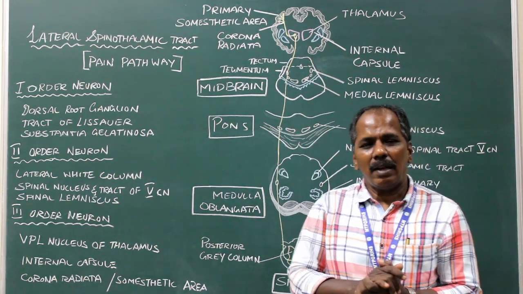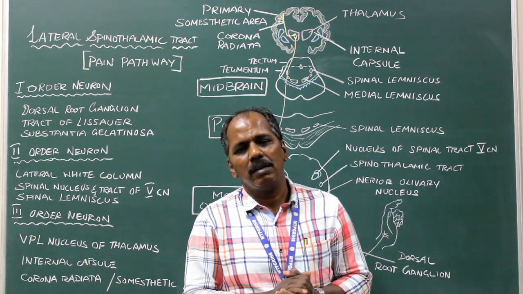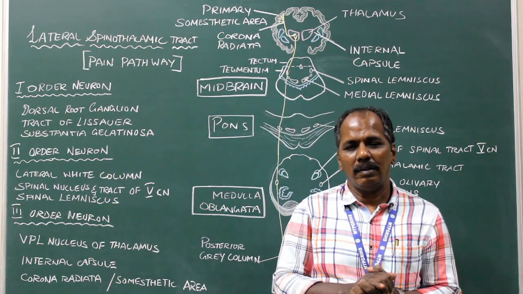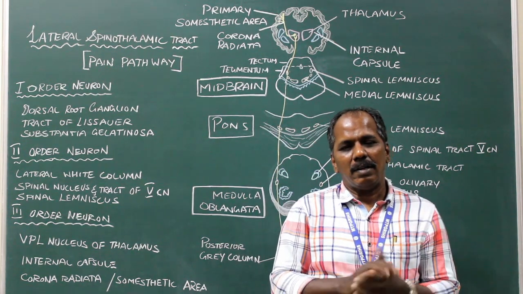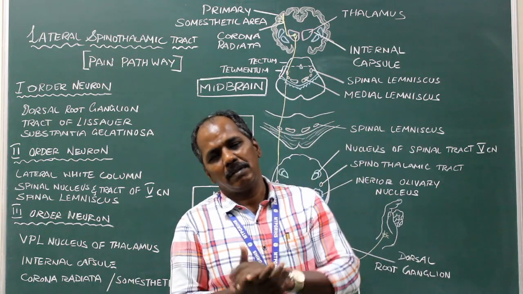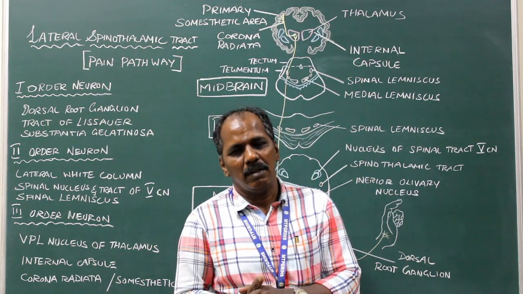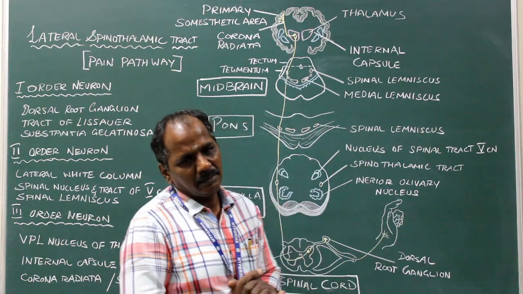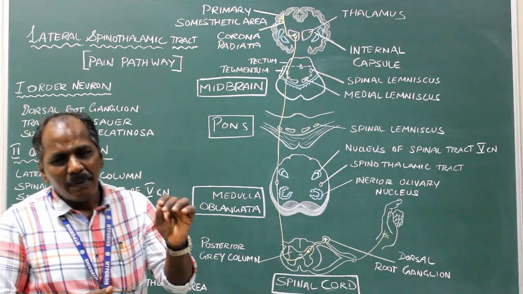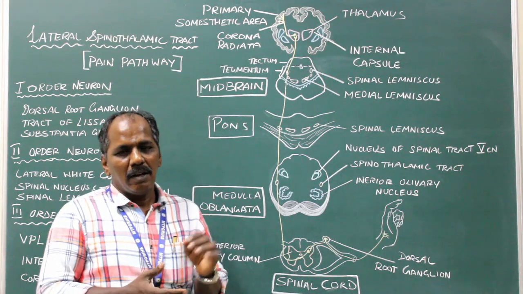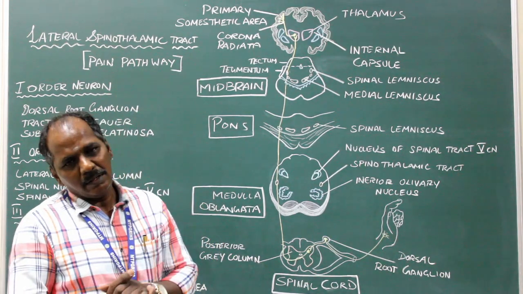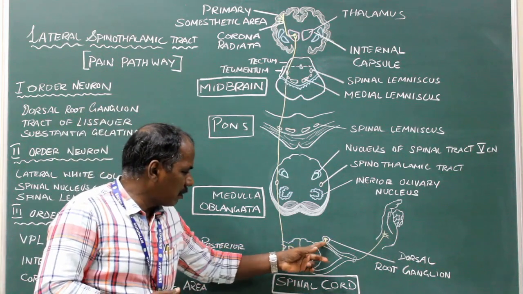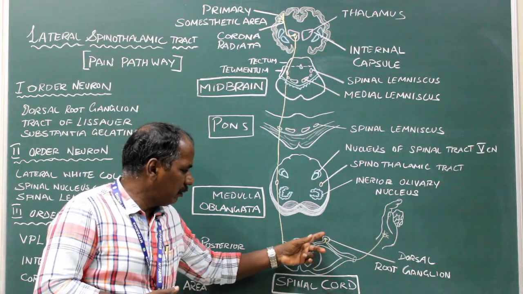Lateral spinothalamic tract, or the pain and temperature pathway. It has three orders of neurons. First order neuron: the cell bodies of the first order sensory neurons are present in the dorsal root ganglion.